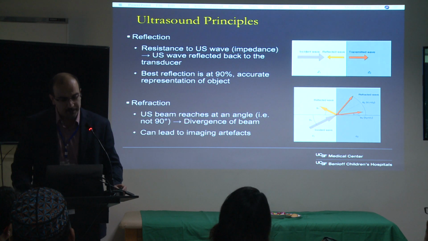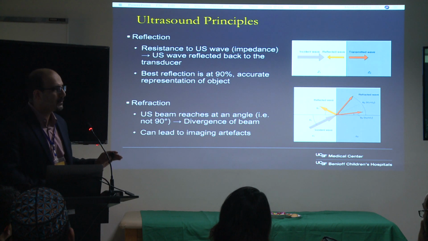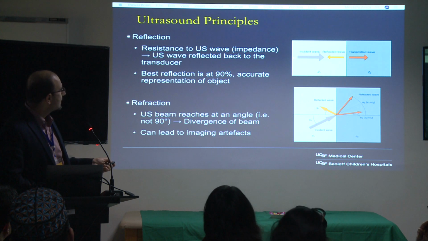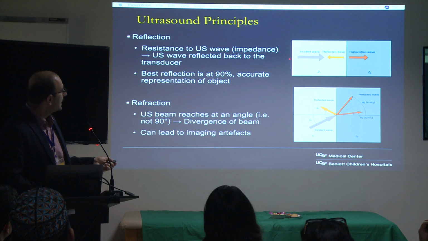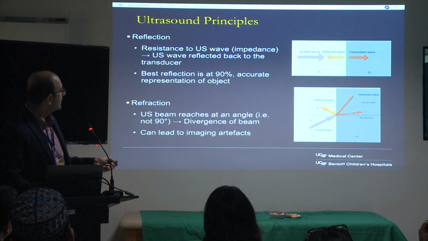There are some basic principles that are important to understand because they have an influence on your image quality. Reflection simply means, this is physics, and I'm not a physics expert, of course, but an incident wave hits the surface and it gets reflected back. The more resistance or impedance there is, the less will get transmitted through.